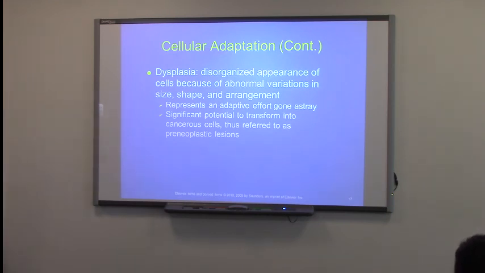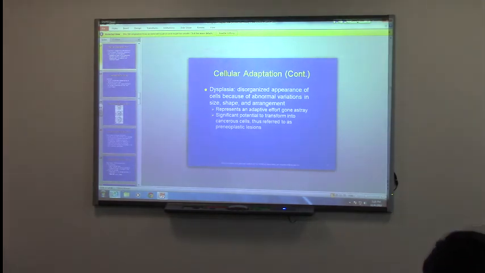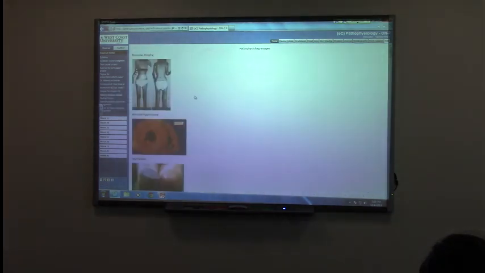Let me just show you really quickly the pictures that I have. I just want to show you muscular hypertrophy.